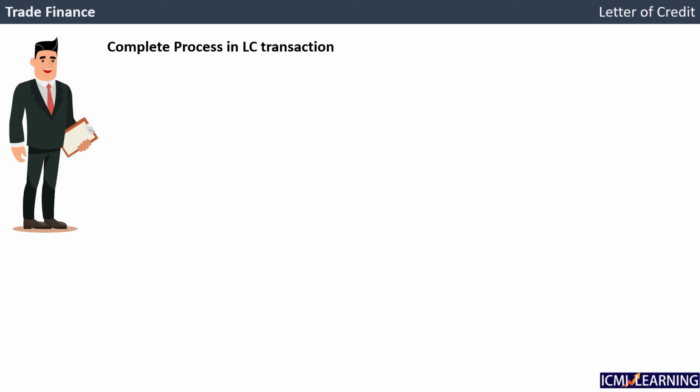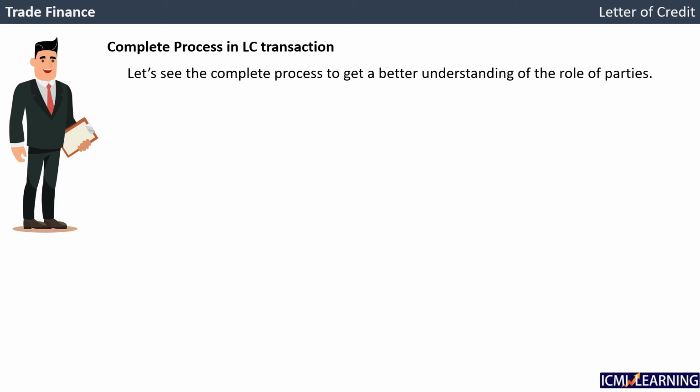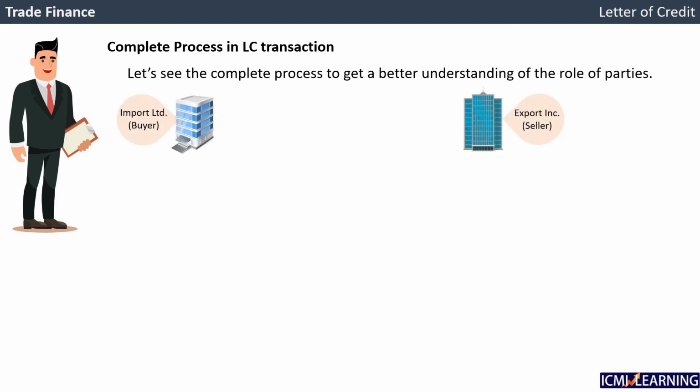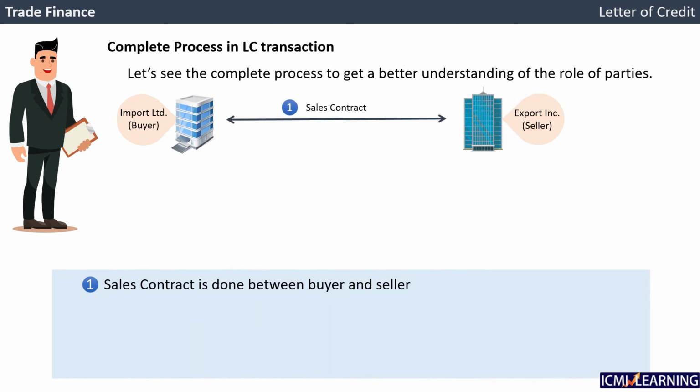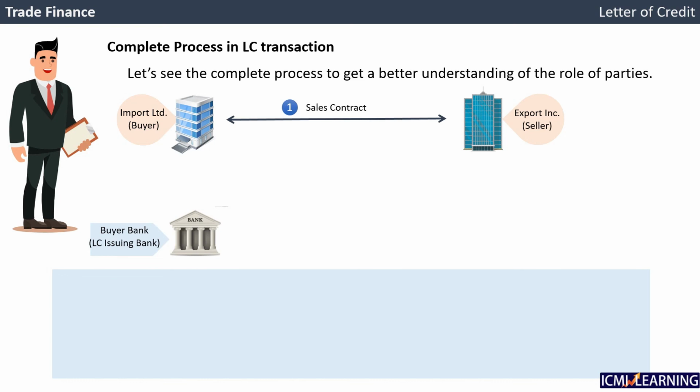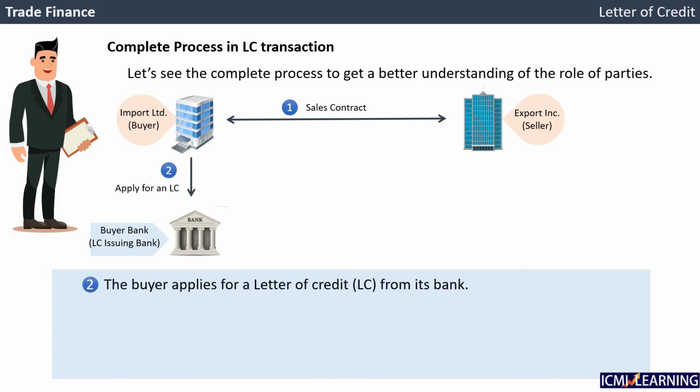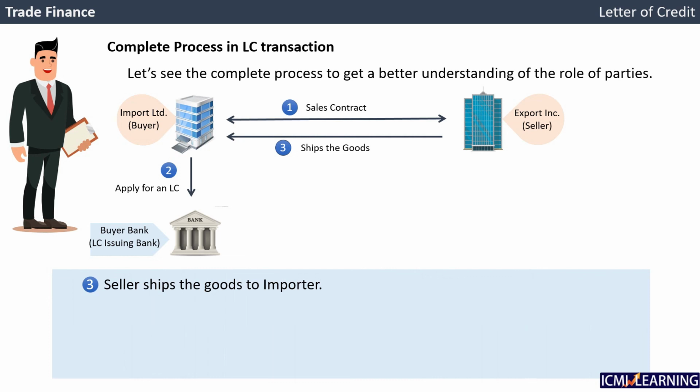Complete process in LC transaction. Let's see the complete process to get a better understanding of the role of parties. Sales contract is done between buyer and seller. The buyer applies for a letter of credit from its bank. The seller ships the goods to the importer.